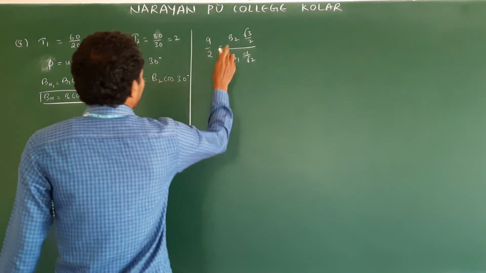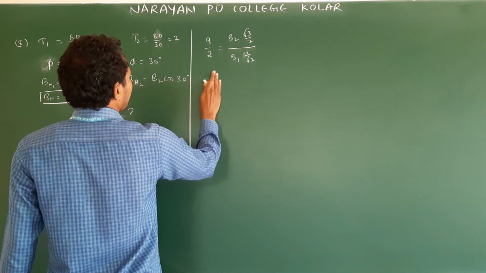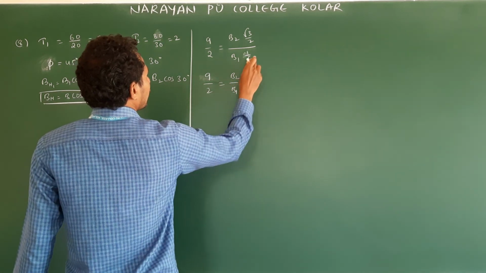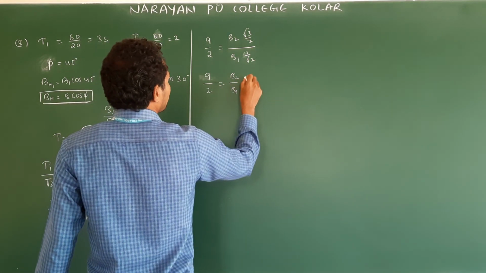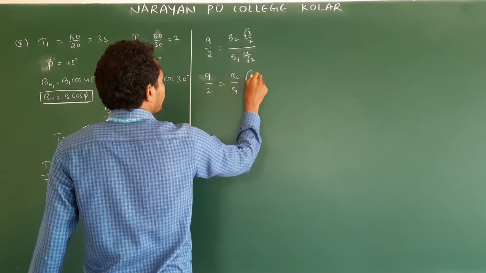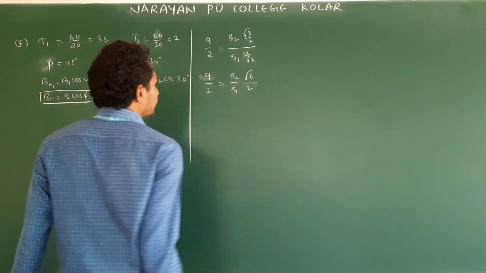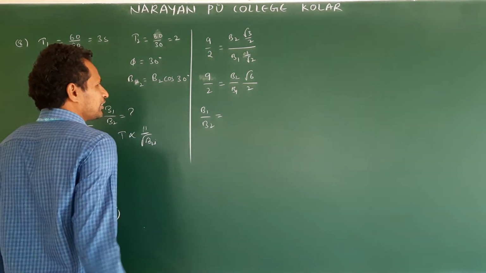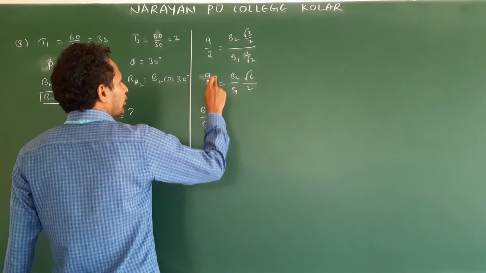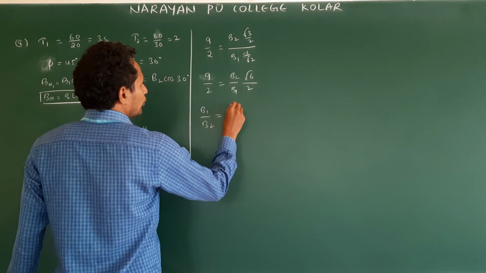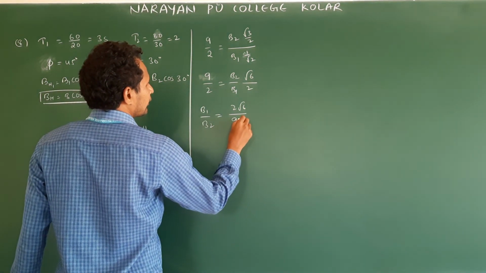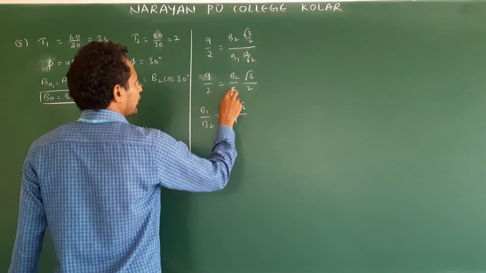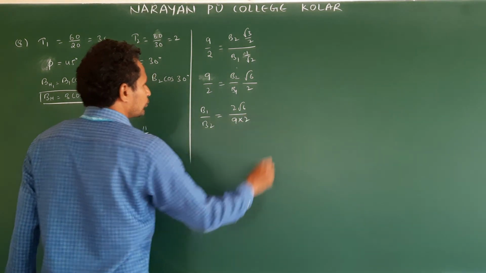Clear? We will make it simple: 9 by 2 is equal to B2 by B1. This goes up, this comes down. Root 2 goes up, so root 6 by 2. So B1 by B2, I am making the subject, it is easy. So 2 root 6 by... B2 comes here, 2 goes here, so 9 into 2.